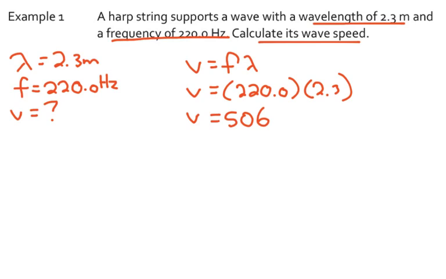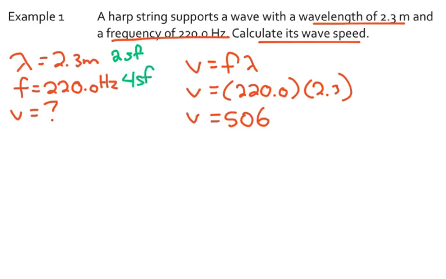Now, we have to look at significant digits here. Lambda, 2.3 meters, has... sorry, lambda has 2. I'm getting ahead of myself. Frequency has 4 sig figs.